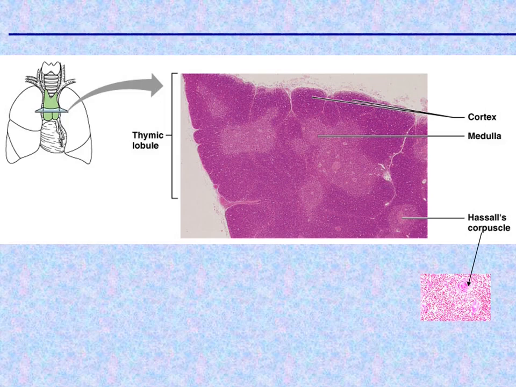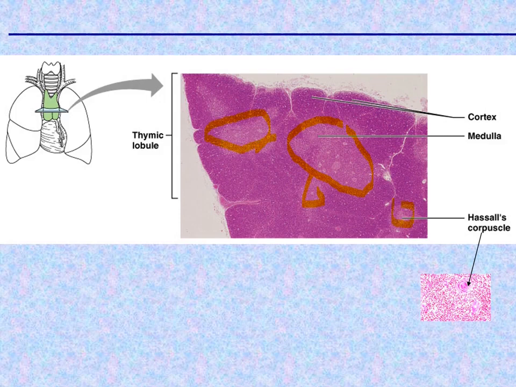This is just one lobule, one section of it. The inner lighter part here that you see, that's the medulla. And the outer part with many, many more cells, so therefore more nuclei and therefore darker, is the cortex. The new T cells are multiplying heavily inside the cortex, but they mature in the end inside the medullary areas, which are further in, deeper down.